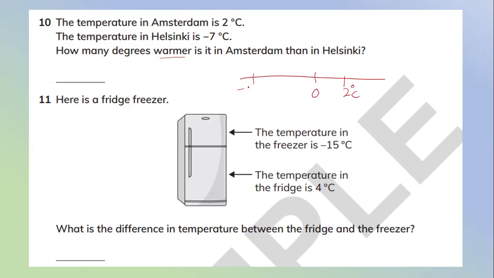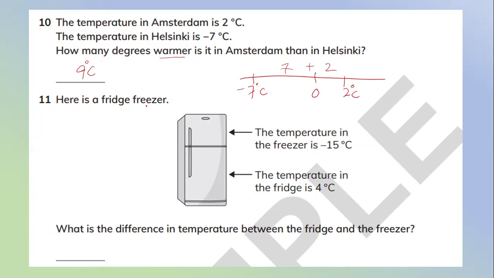This is -7 degrees Celsius. How many degrees warmer is the difference between them? 7 and 0 is 7. 0 and 2 is 2. So we have to add them. So the difference is 9 degrees Celsius. So 9 degrees Celsius warmer in Amsterdam than in Helsinki.